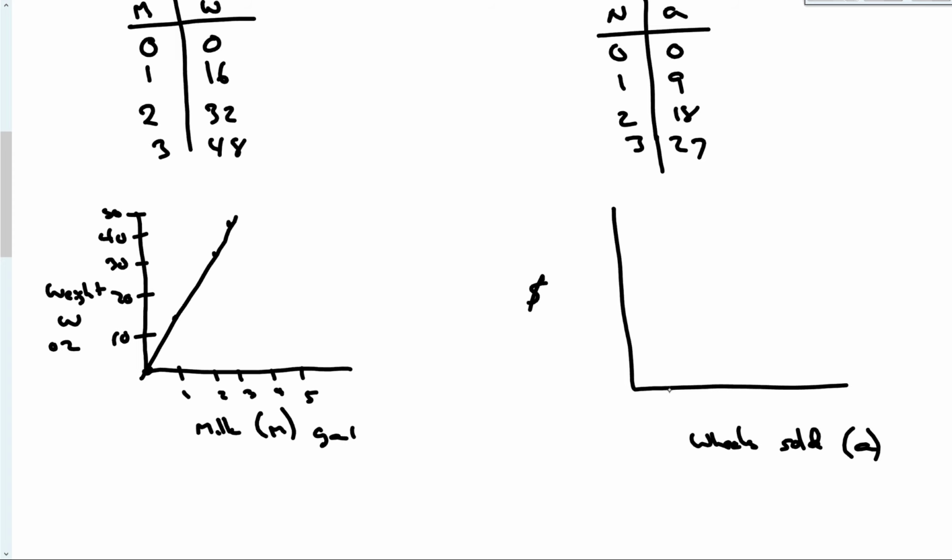So we're going to go 1, 2, 3, 4, and we'll go 10, 20, 30, $40. At 0, you make 0. At 1 wheel of cheese, you make $9. At 2 wheels of cheese, we make $18. 3, $27, and 4 would be $36.